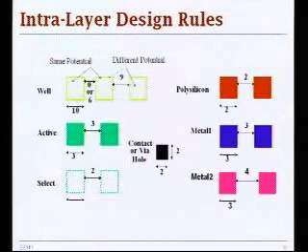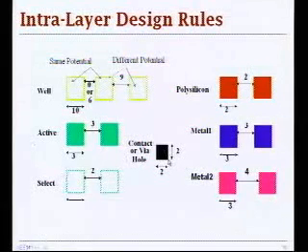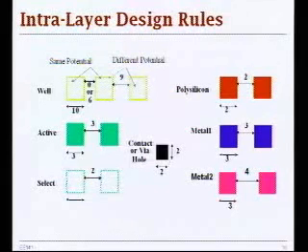And you have also your contact or via hole spacing, and these rules are really related to the capability of your technology. What is the resolution of your patterning mask that you can safely transfer over to your silicon?